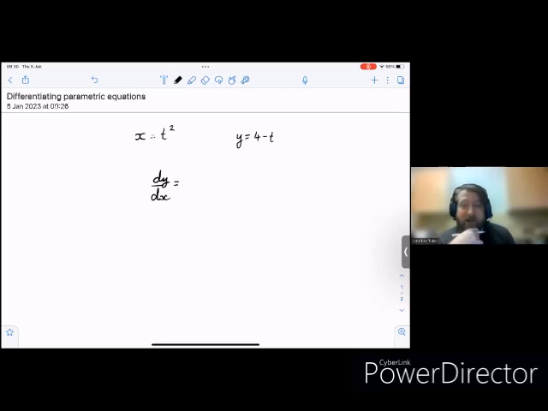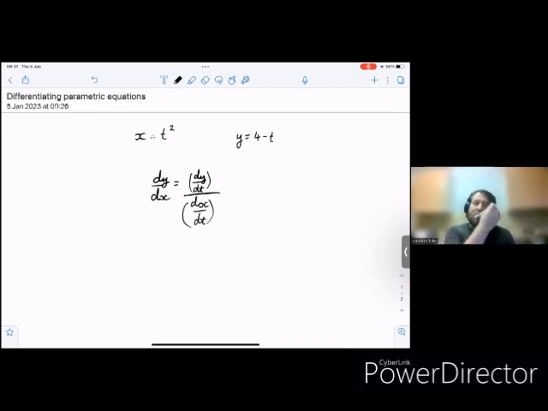So you'll see that in differential equations later on, but also here, if we want to get dy by dx in terms of this other parameter t, well, we could just do dy by dt divided by dx by dt.